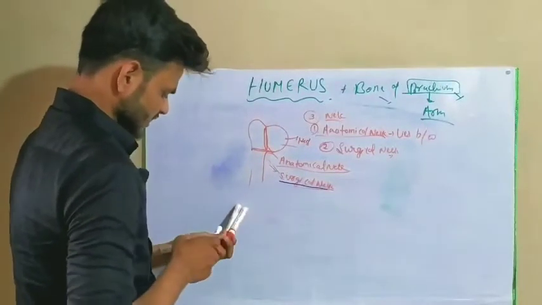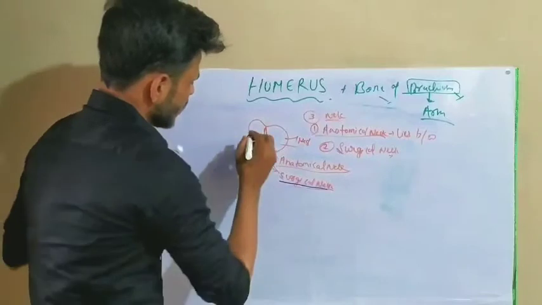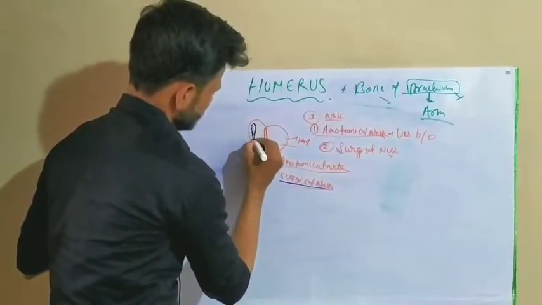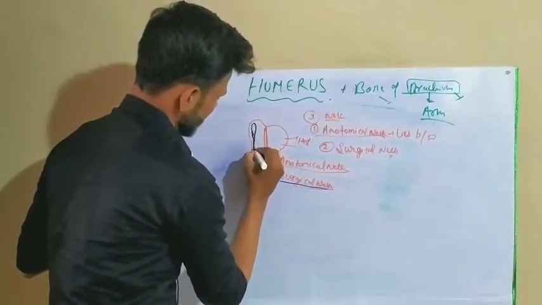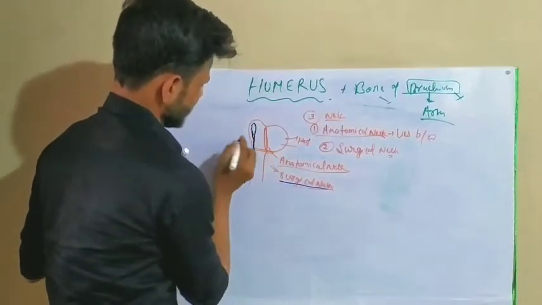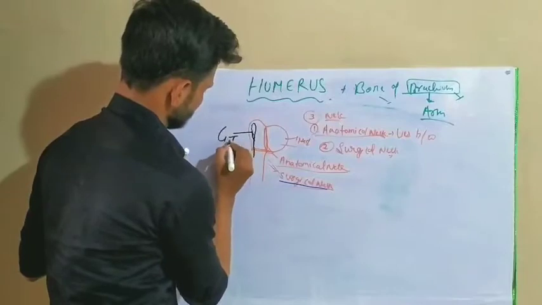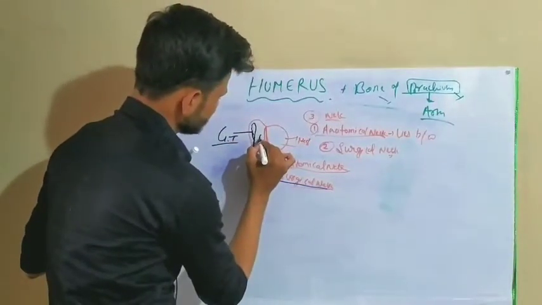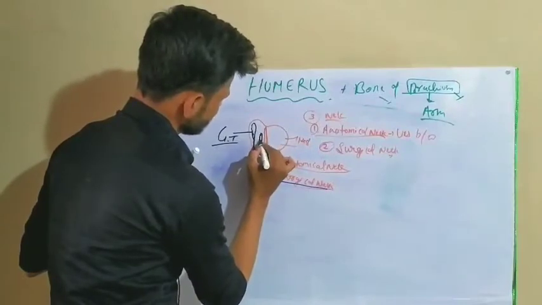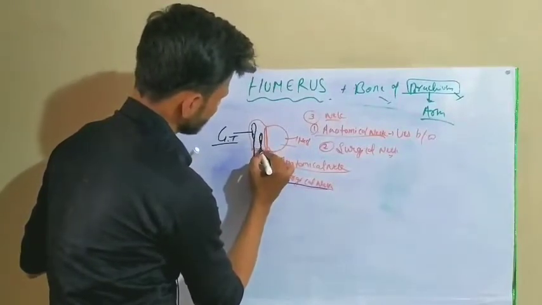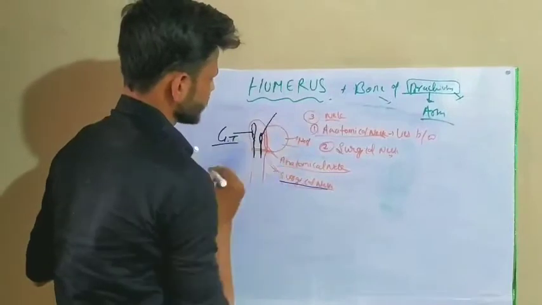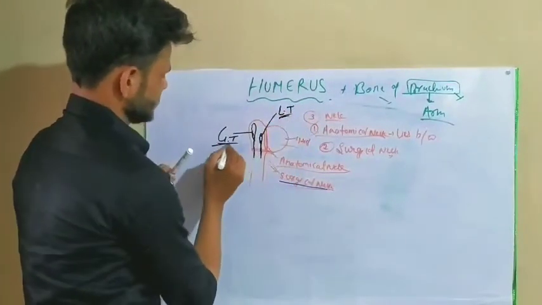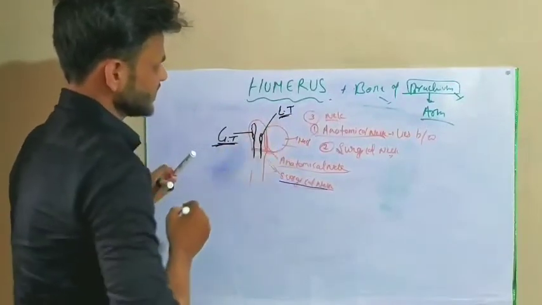One is large, that's why it is called the greater tubercle, or GT. The other tubercle is smaller than the greater tubercle, called the lesser tubercle, or LT.